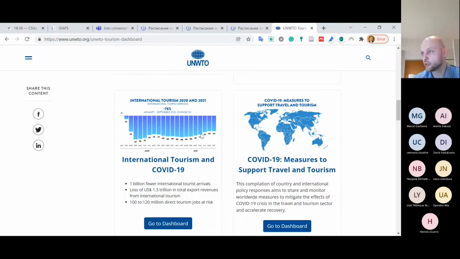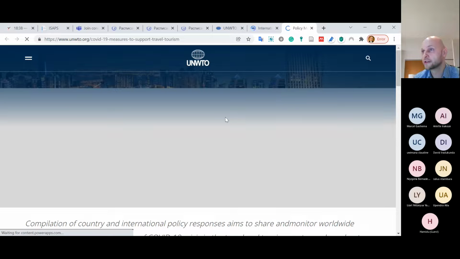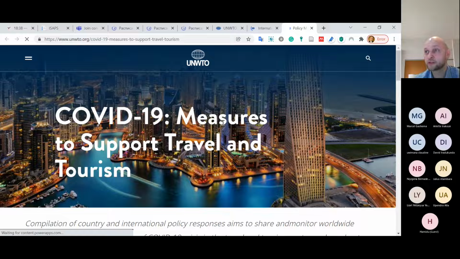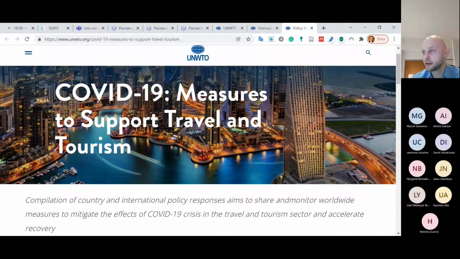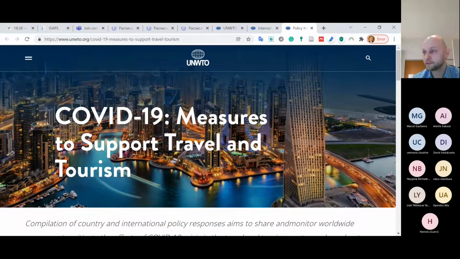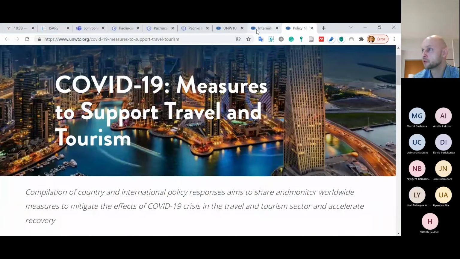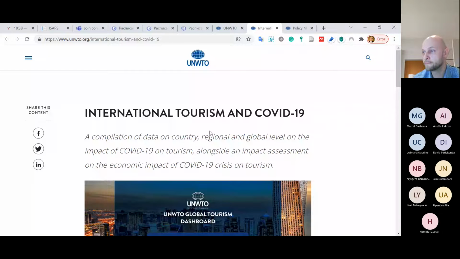So here, let's go to international tourism arrivals, so to this dashboard. Also, you can get the information how different countries try to support travel tourism, and it is another big, let's say, archive of information, but we will not use it today.